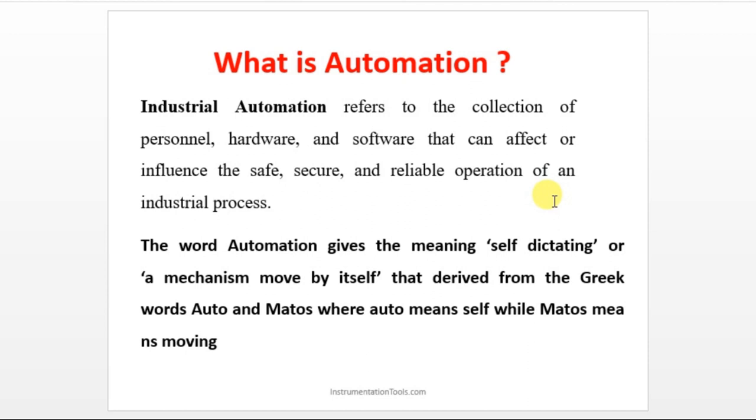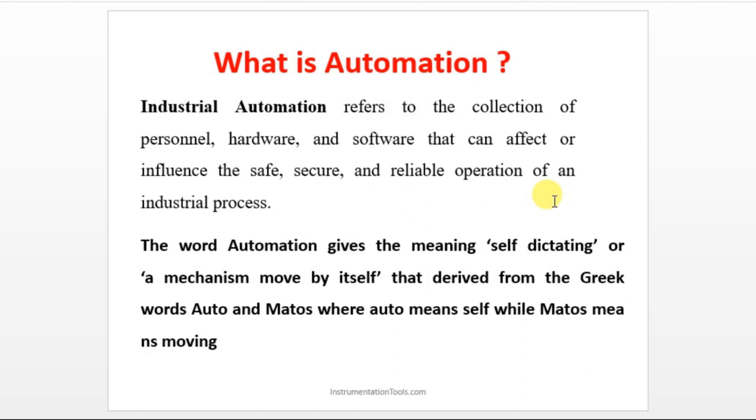It is a self-dictated system. The word automation gives the meaning self-dictating, or a mechanism moved by itself, or operating according to the program we have done, right? So auto means self and matos means moving.